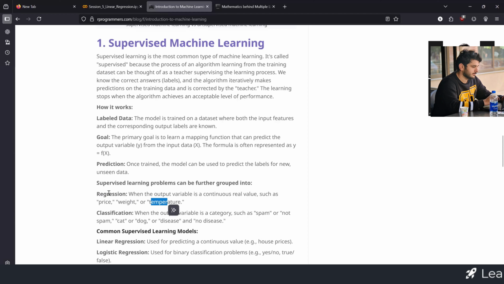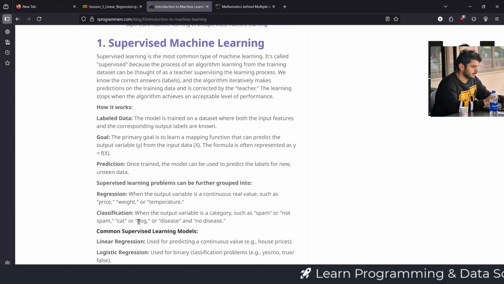So basically, it's a continuous variable, and when we are talking about classification problems, it means we are going to predict different classes. For example, if someone sends us an email, it goes through Google's model and it labels it as spam or not spam.